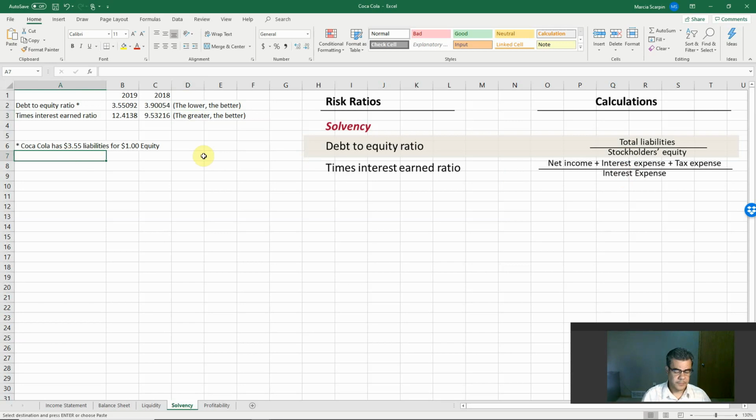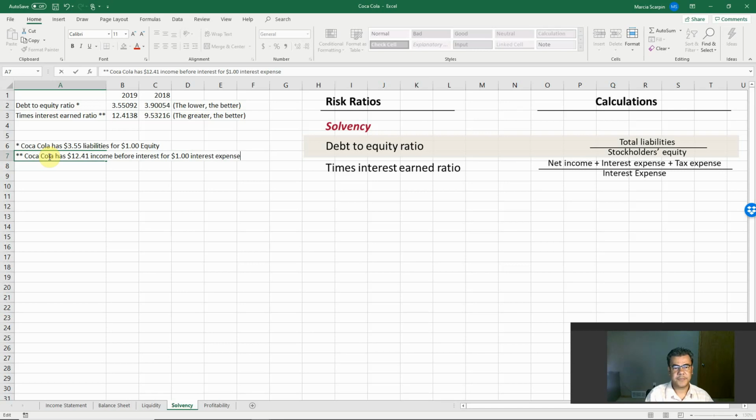Okay, and let's have these double asterisks here. Coca-Cola has 12.41 of income before interest for $1 of interest expense.